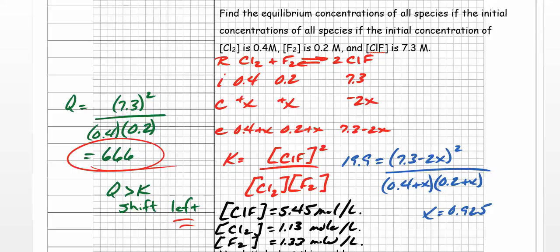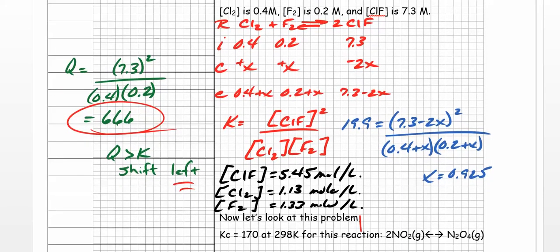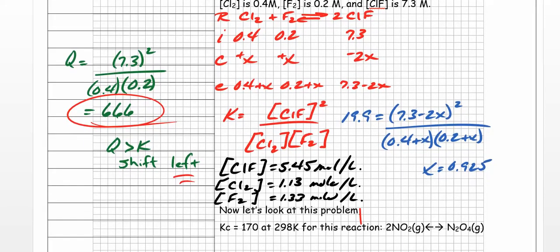Now let's just write an expression for K. Actually, let's just write the expression first. So it's ClF, and remember to square that because there's a coefficient in front of that ClF of 2. We'll divide that by Cl2 and then divide again by F2, the two reactants.